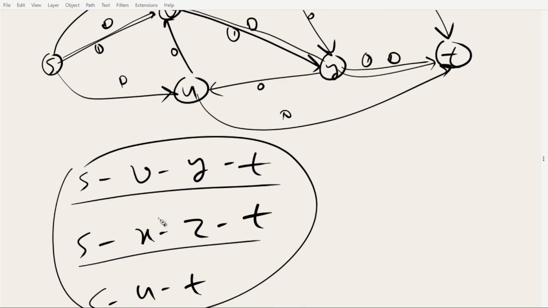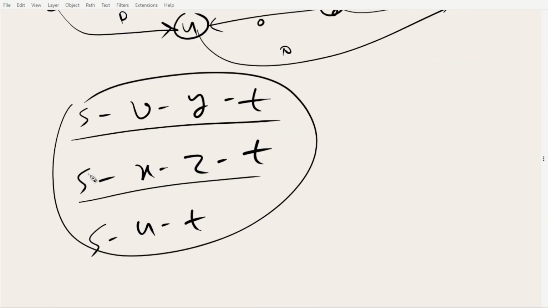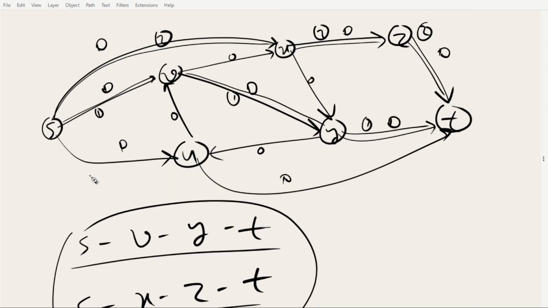Next is S, X, Z, T, the second path. Now the third path is S, U, T. Now we can easily see no edge is reused.